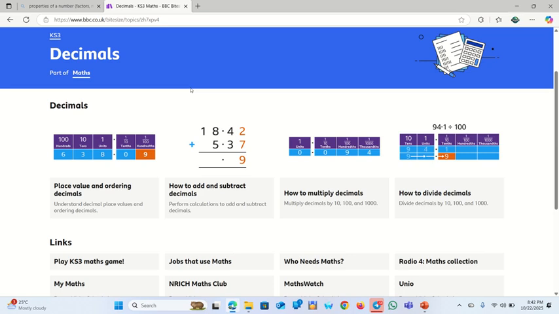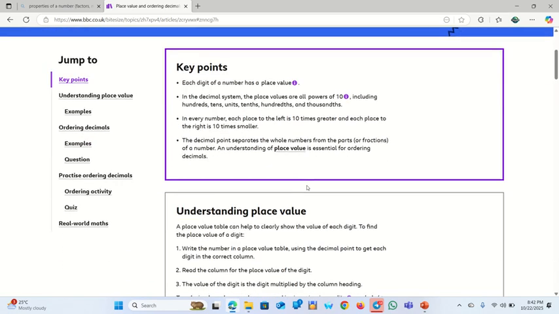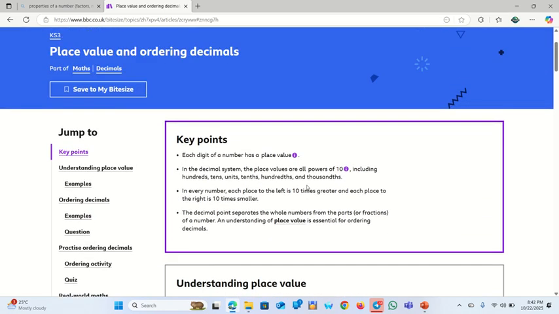Are they not simple? 4 major headings we are going to look at. Let's start with the place value and ordering of decimals.